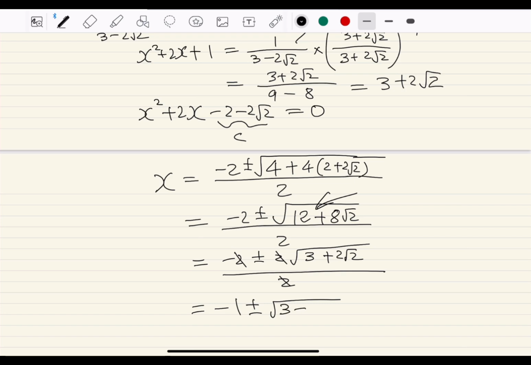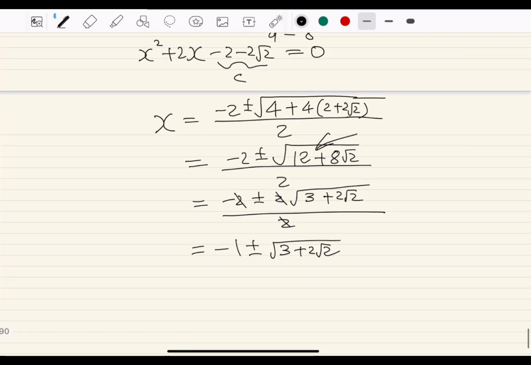Now we cannot leave this as our answer because 3 plus 2 root 2 actually is a perfect square, and we cannot leave a square root of a square root in our answer. So we have to find what 3 plus 2 root 2 equals.